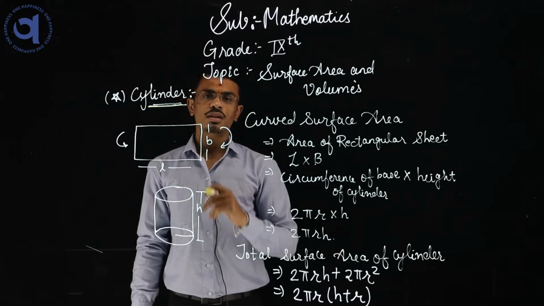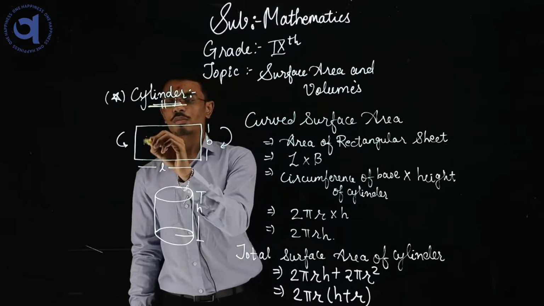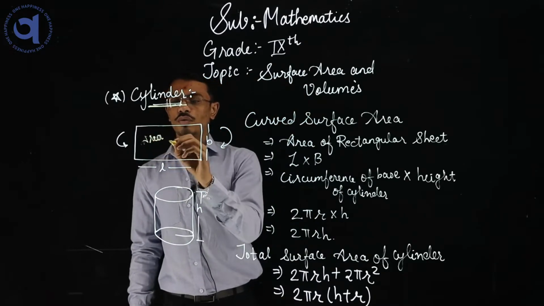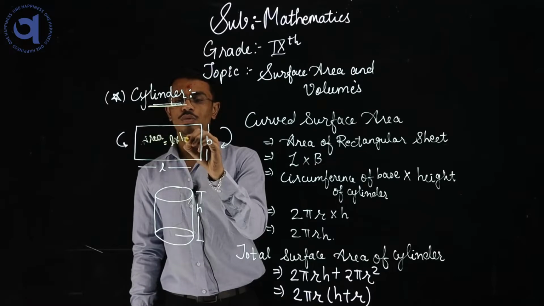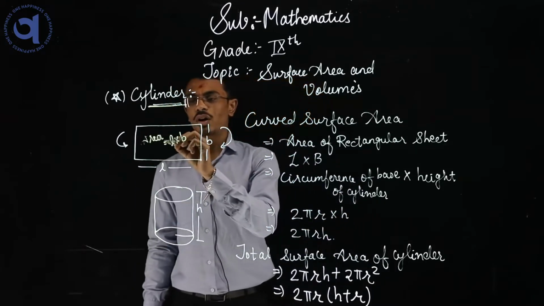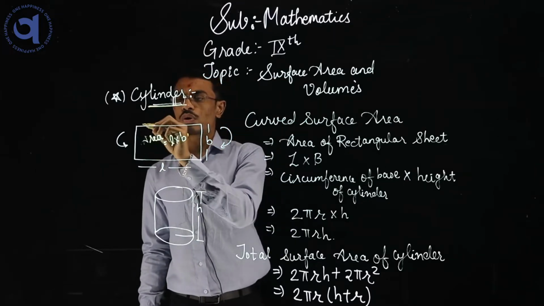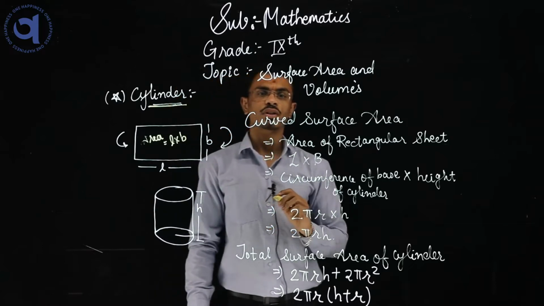So obviously, since it is a rectangular sheet, the area of the rectangle will be length into breadth. This rectangular part we have to convert into the shape of a cylinder.